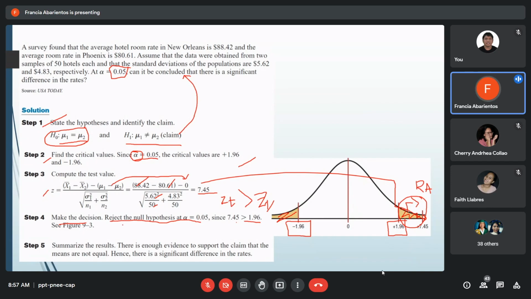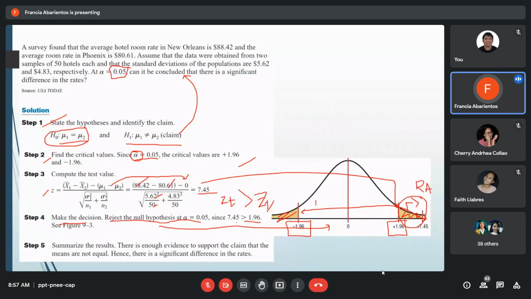To further understand this, draw again the standard normal distribution. This clear line is from negative 1.96 to positive 1.96.